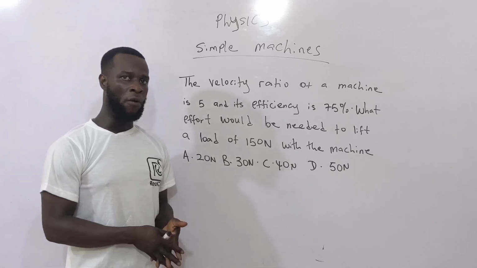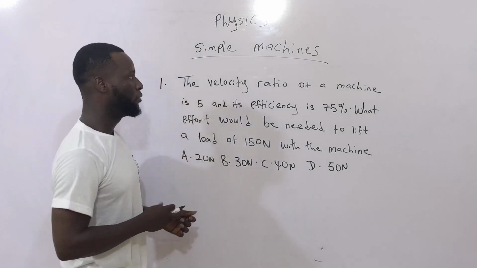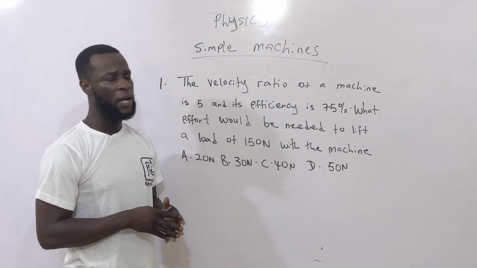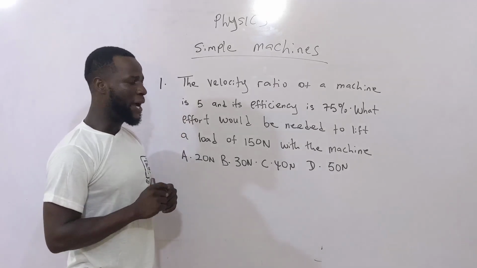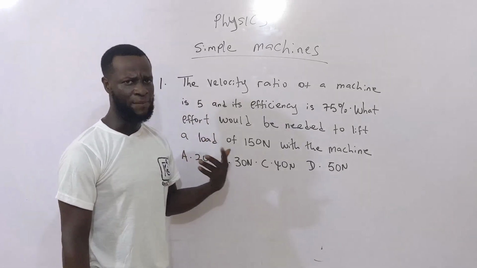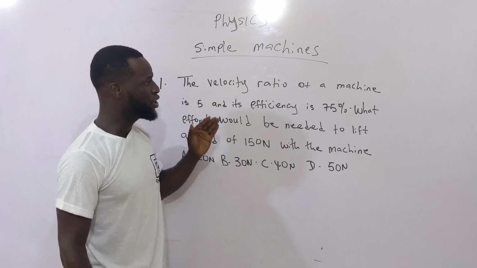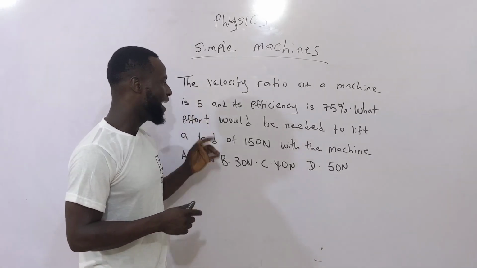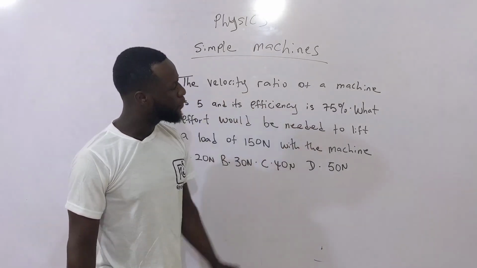All right, welcome back to class, and this is our first question on simple machine. The velocity ratio of a machine is 5. Remember I told you that velocity ratio has no unit, as well as mechanical advantage. So the velocity ratio of a machine is 5 and its efficiency is 75%.